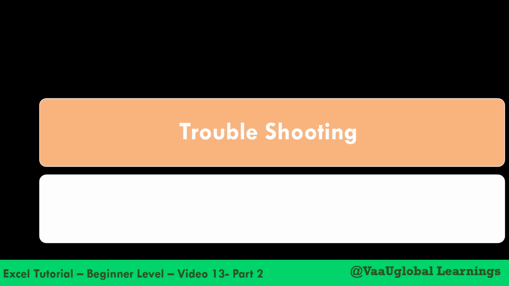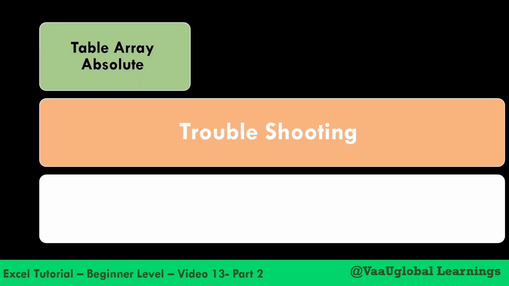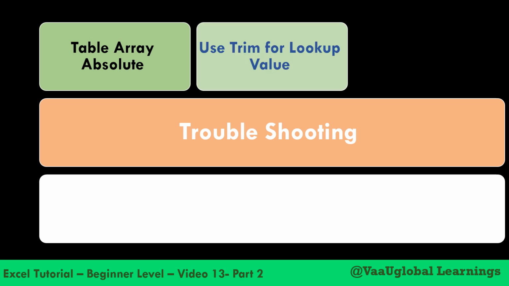Now you all know what to do when we see a #N/A error in our VLOOKUP function. Number one, first of all, check whether our table array is properly written or not. If it needs to be absolute, use the dollar symbol and make it absolute. Number two, check if the #N/A has come because of a space in any lookup value.